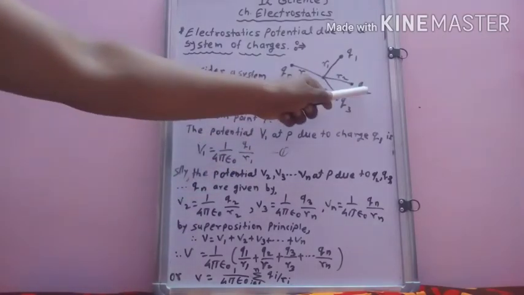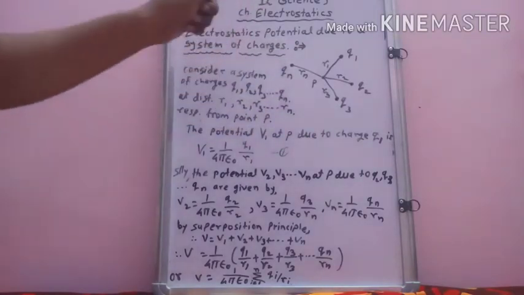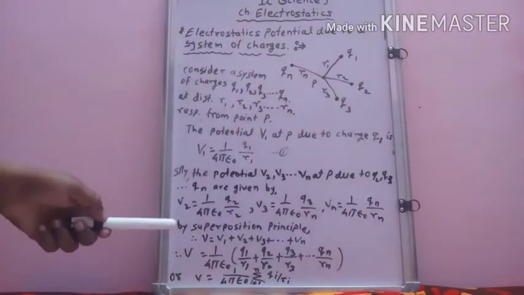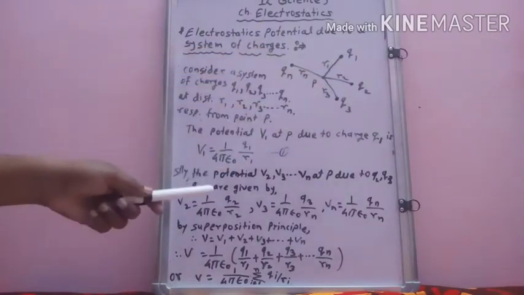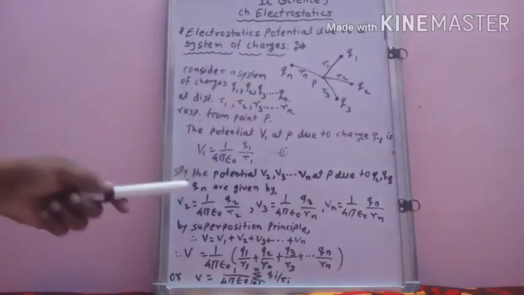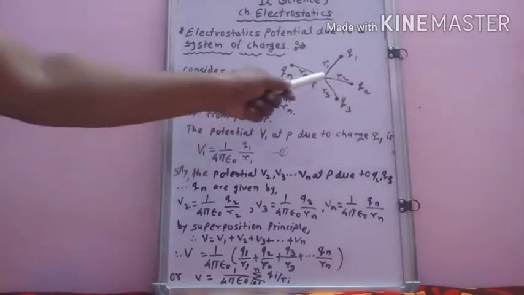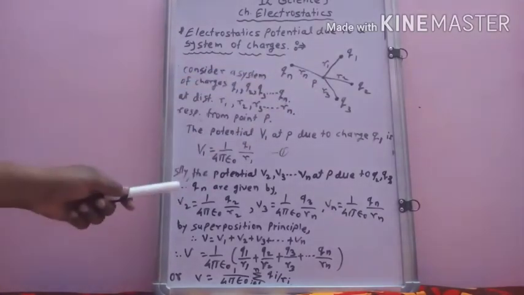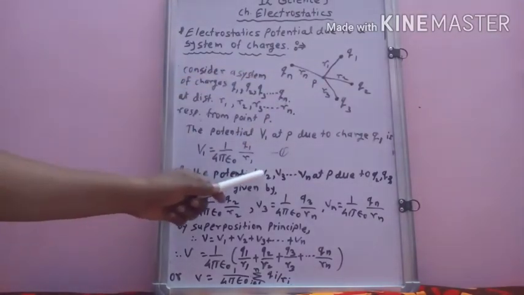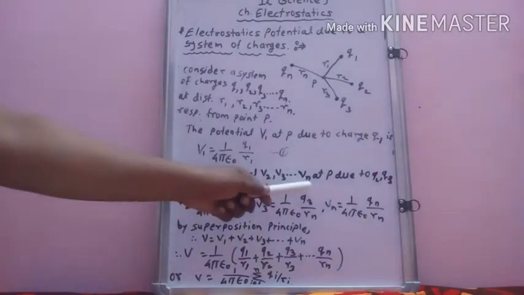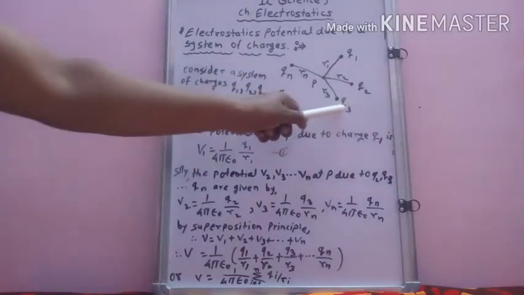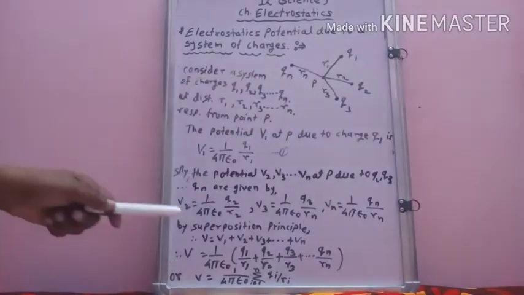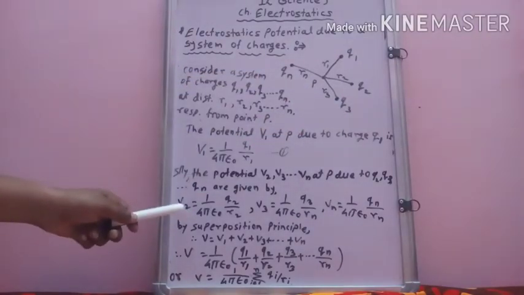Similarly, Q2, Q3 and up to the nth charge are present in that system. Due to these point charges, potentials are also produced at the point P. The potentials V1, V2, V3 and so on up to Vn at a point P are due to charges Q1, Q2, Q3 and so on up to Qn respectively.